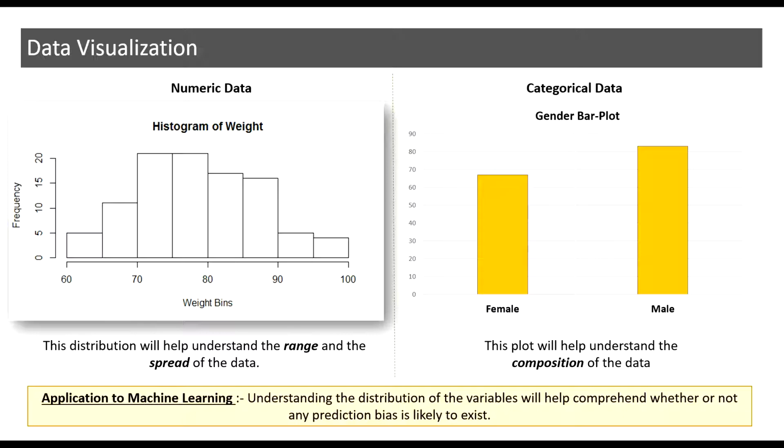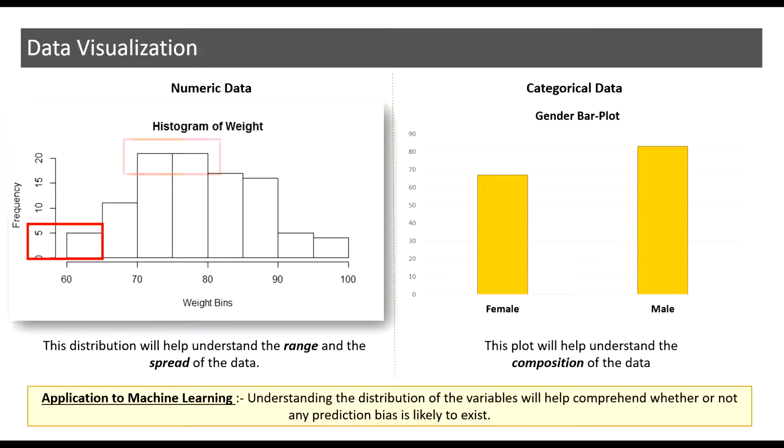If you can see, we have 60 to 65, 65 to 70, 70 to 75, and so on. And on the y-axis, or the vertical axis, we have the frequency of observations that will be categorized into these bins. For instance, from this histogram, we can derive that 5 people fall within the weight range of 60 to 65 kgs.